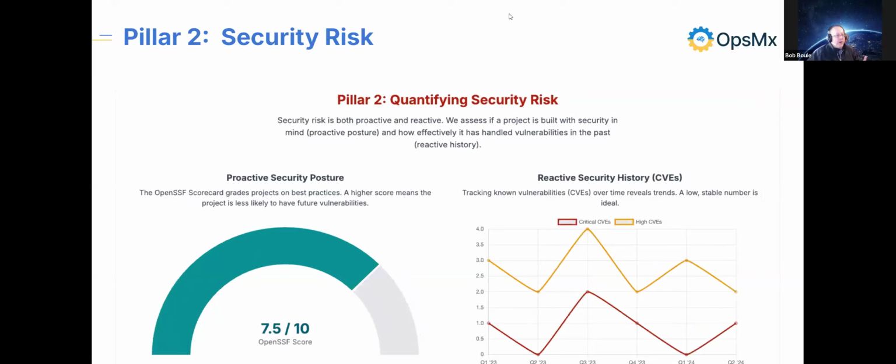I don't know anything about the people that are writing this code, or how security conscious they are, but what I can tell from the outside is whether the project has, over the last 12 months, 1,000 CVEs or none. I can look at that and say, wow, we're leaving a lot of gaps in terms of security in the code that's being written. The other thing we can look at is how quickly these things get remediated.